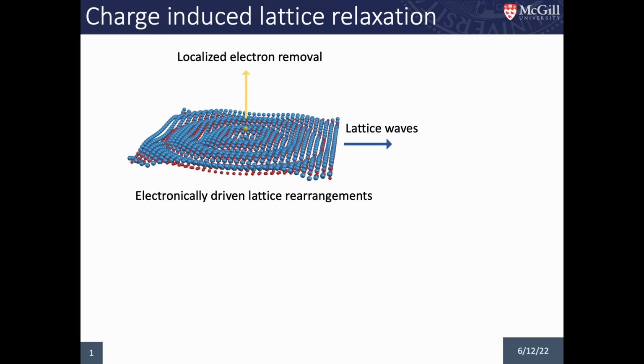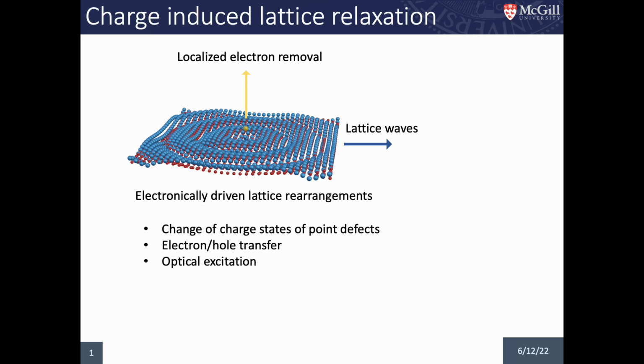Electronically driven lattice rearrangements are often shown in many ionic or oxide materials. For example, when an electron is removed from a single site, we can see it drives spontaneous lattice rearrangements. This charge-induced lattice rearrangement is closely related to many phenomena, such as the change of charge state of point defects, electron or hole transfer, optical excitation, and small polaron formation.